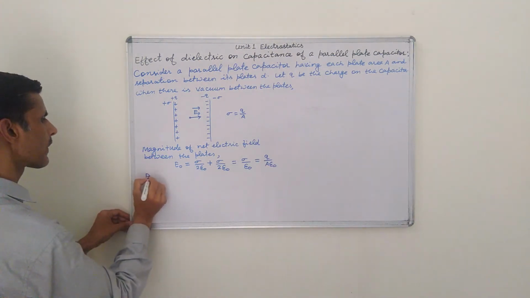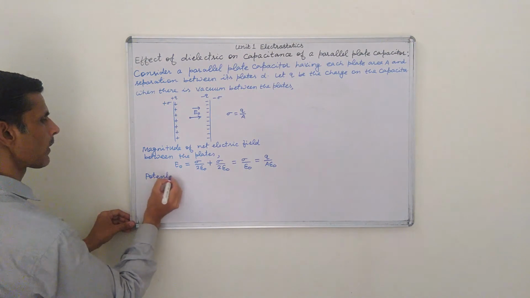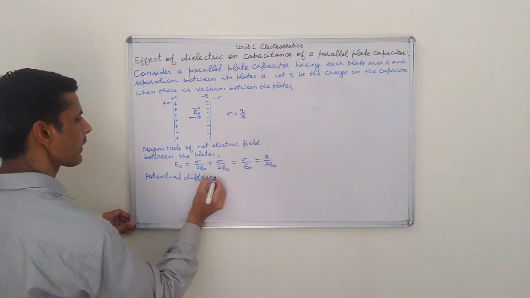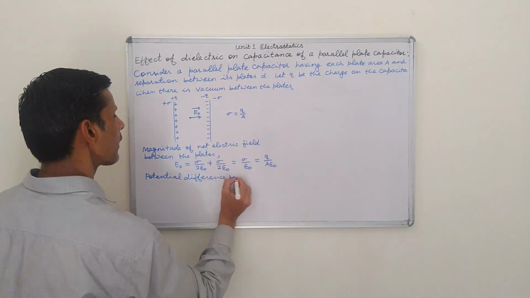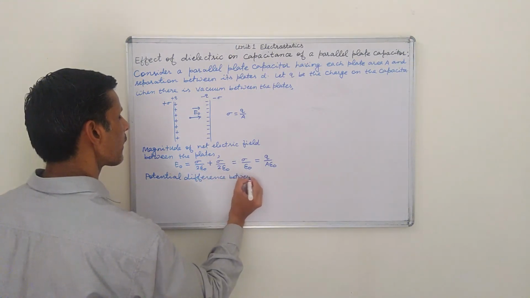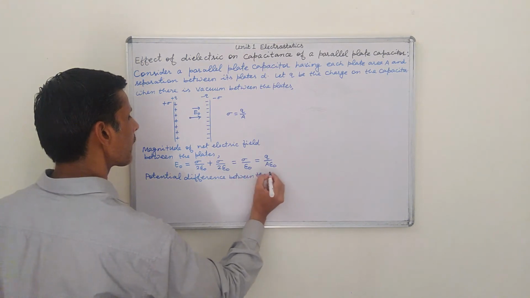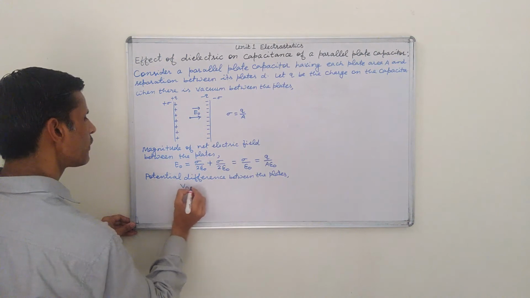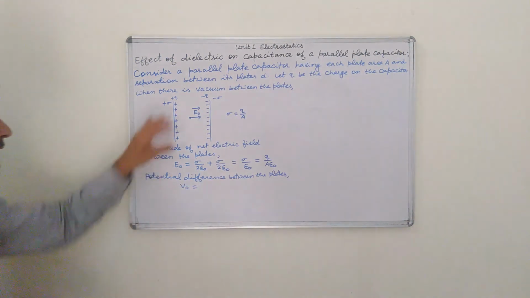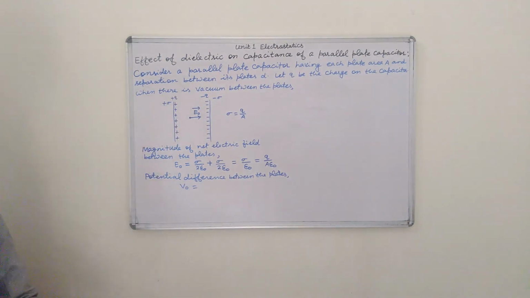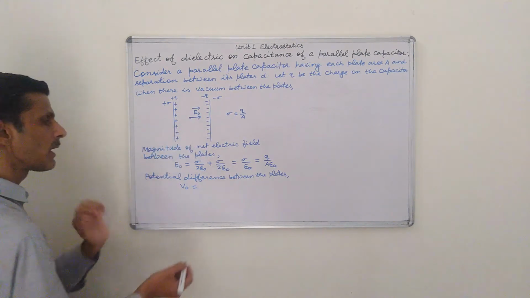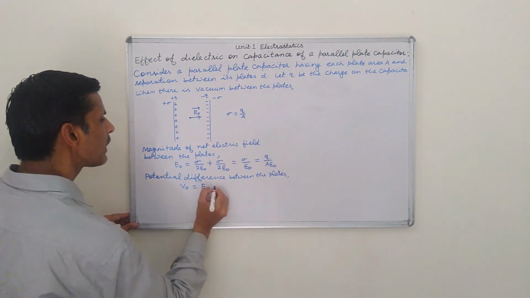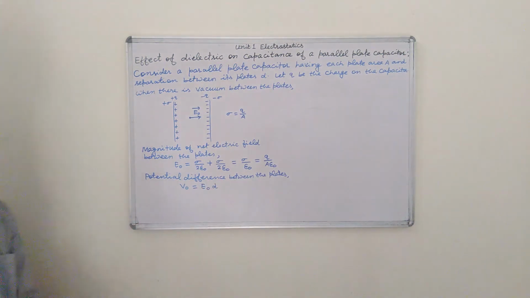Potential difference. V naught is equal to, since electric field is uniform between the plates, so potential difference, it is magnitude of electric field multiplied distance between the plates.